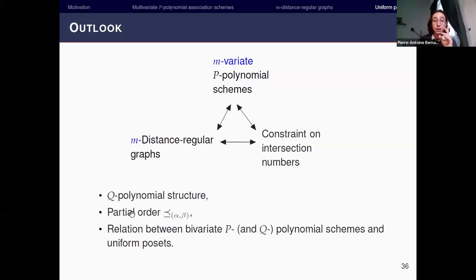The bivariate schemes of type alpha beta, where you have an additional order, we also didn't discuss. This is interesting in many regards, but it seems to be a setting a bit different from these distance regular graphs. And finally, we introduced an observation regarding these bivariate P and Q-polynomial schemes and what lies below the top fiber of a uniform poset.